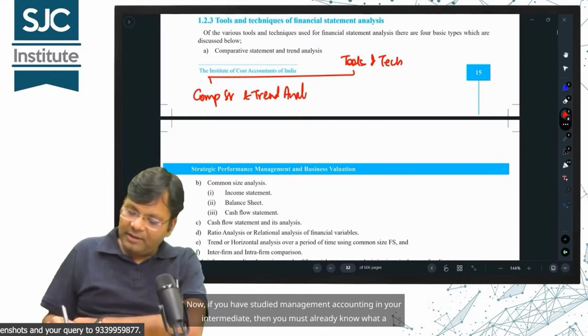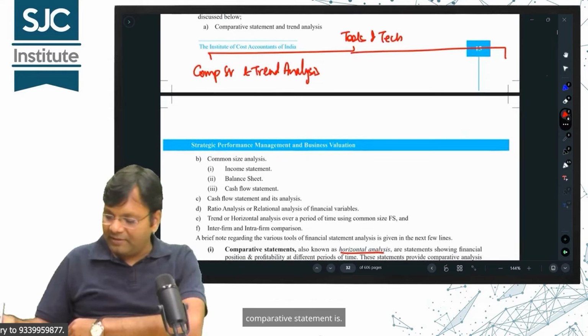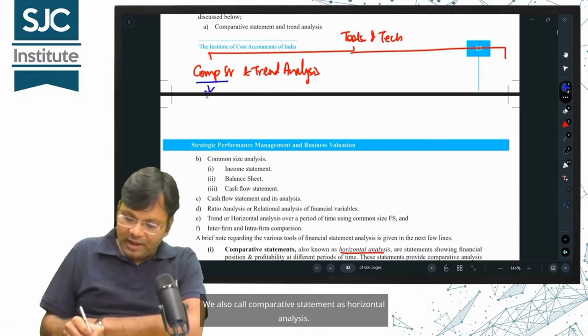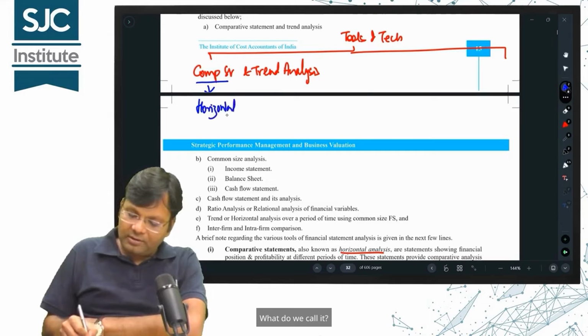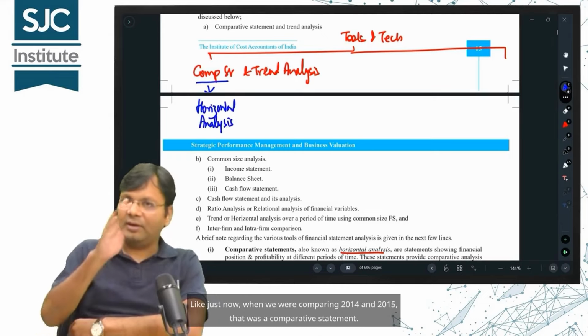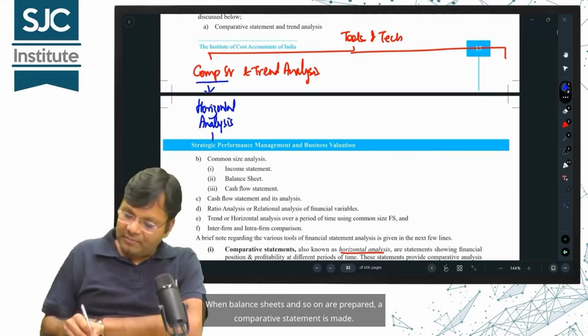Now, if you have studied management accounting in your intermediate, then you must already know what a comparative statement is. We also call comparative statement horizontal analysis. Like just now, when we were comparing 2014 and 2015, that was a comparative statement.